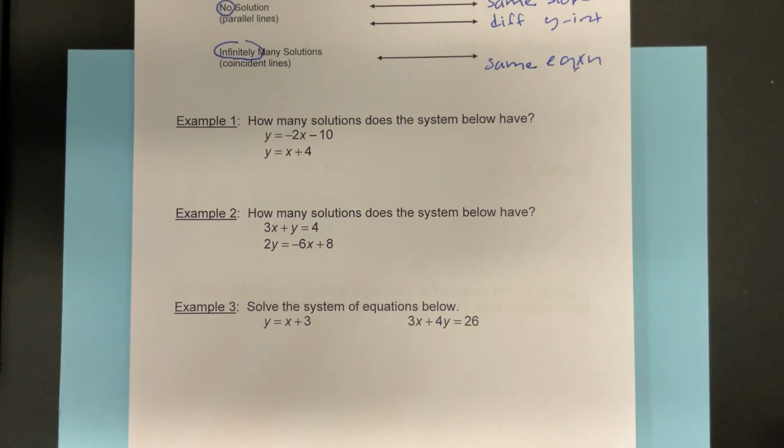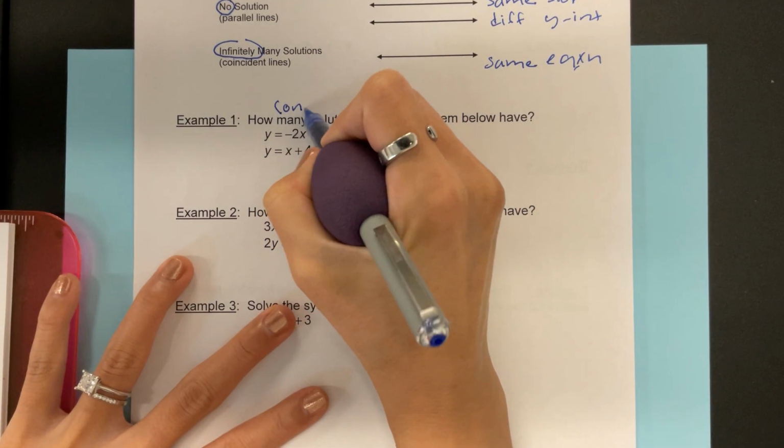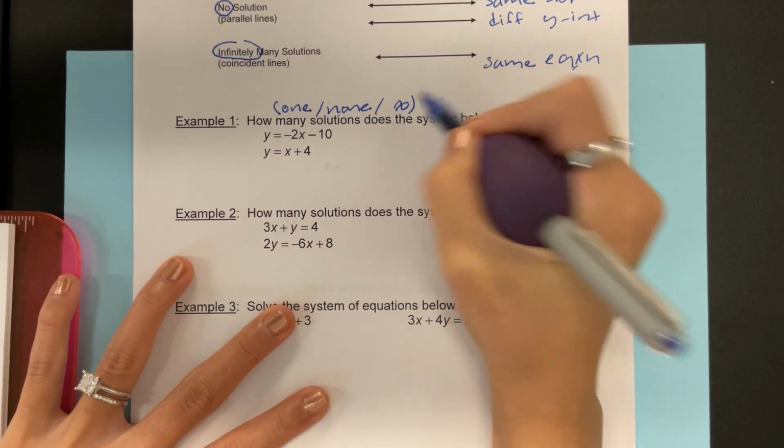So let's see, example number 1. If we're looking for how many solutions we have, the answer will either be, you'll either say there's one, there's none, or there's infinitely many.